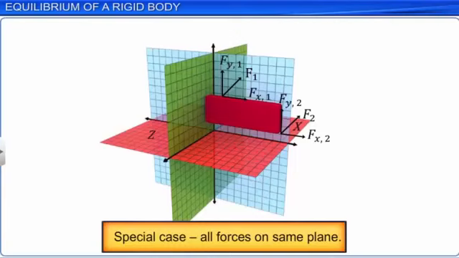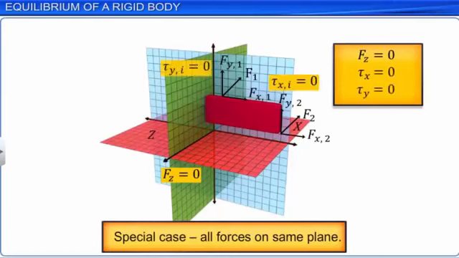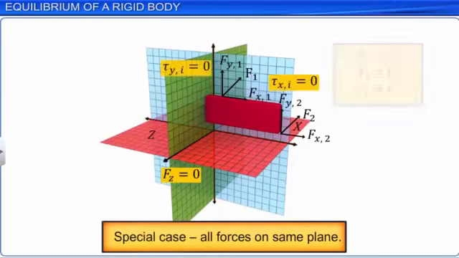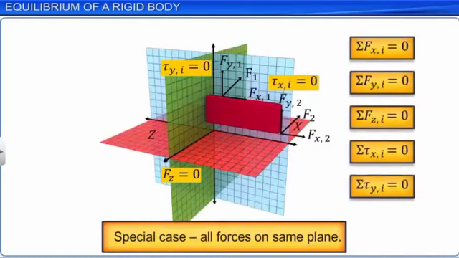Since forces in the xy plane cannot produce torques in the same plane, we can write tau x is equal to 0 and tau y is equal to 0. In such cases, we need not consider all the 6 equations discussed above to find out whether a rigid body is in mechanical equilibrium. Instead, the body will be in mechanical equilibrium if the following 3 equations are true.